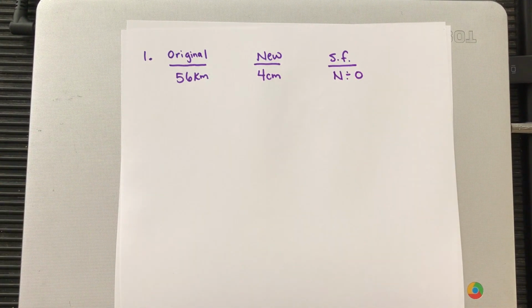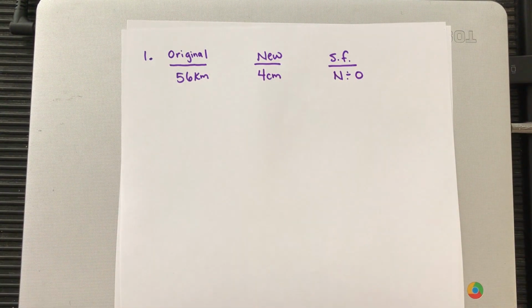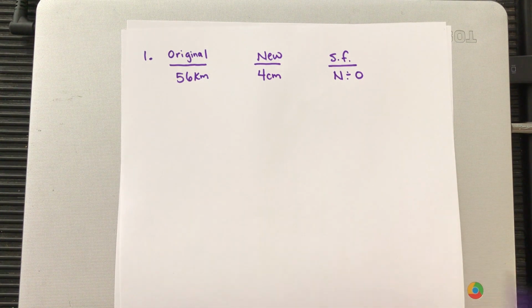But the thing is, we can't just do 4 divided by 56 because they're in different units. I have kilometers here and centimeters here, so we need to put them both in the same units before we can do that. I think it's probably easier to convert kilometers into centimeters than the other way around, just because that way we're still working with whole numbers rather than some crazy small decimal.